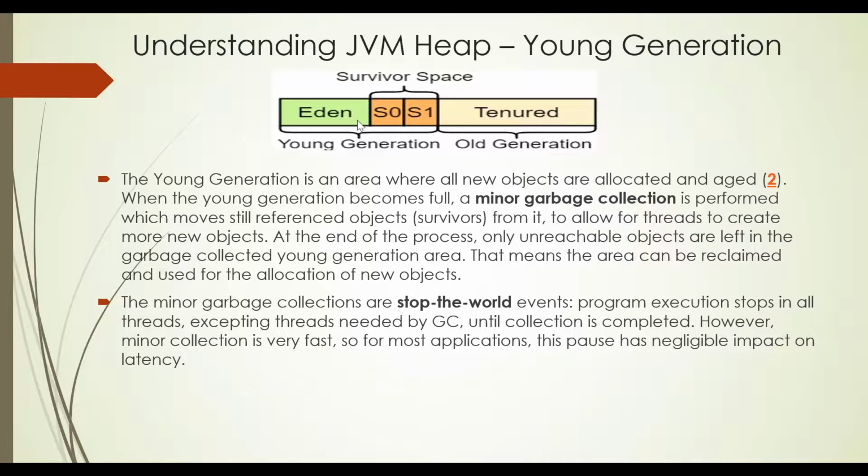Eden space is smaller than your old generation, so it can quickly go to the Eden space and survivor space, collect the objects, and then start all the processes again. We will see that in detail in the GC session.